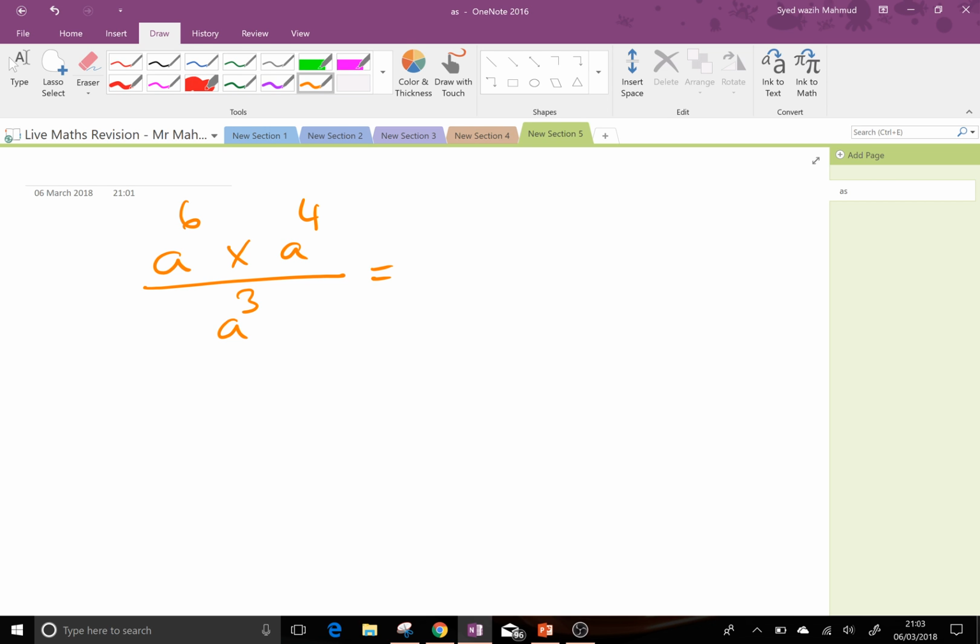So let's do the top part first. 8 to the power of 6 times by 8 to the power of 4. You add the powers, that gives us 8 to the power of 10. And divided by 8 to the power of 3. Because we divide, you take away the powers, and that will give us 10 take away 3, which is 8 to the power of 7. Brilliant. Okay.